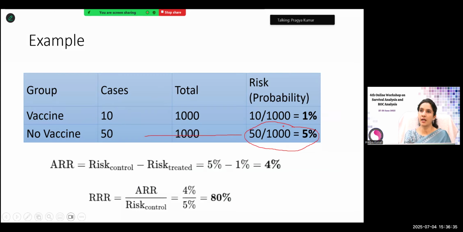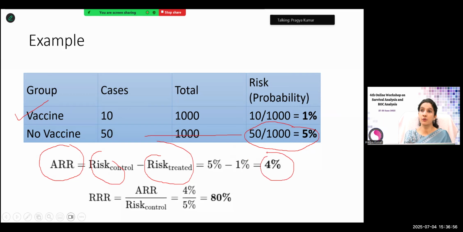If I have to explain absolute risk reduction when I give the vaccine, it will be the risk in the control minus the risk in treated, because the risk is higher in the people who have not received the vaccine. So the absolute risk reduction will be 4%.